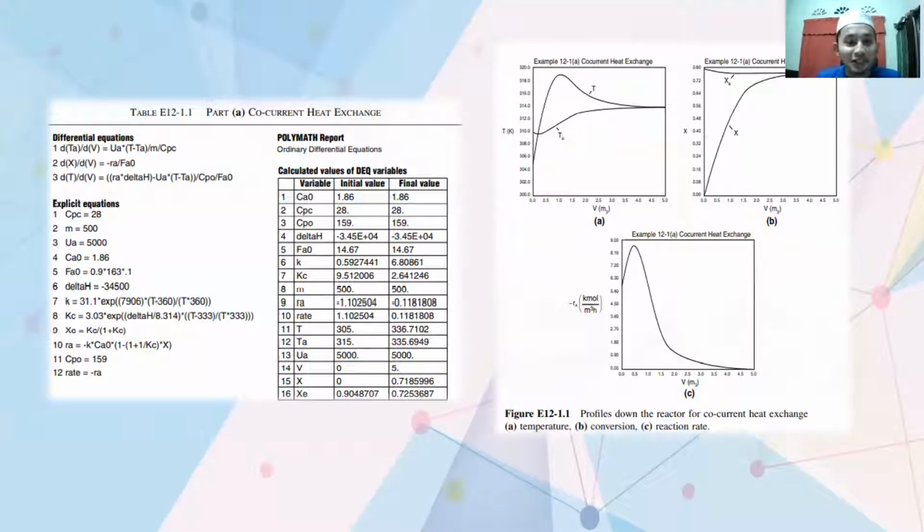So these are the results we are getting from Polymath. First, we are setting up the differential equations in Polymath. We put in all the differential equations that we have calculated before. First, we have the differential equation for TA, second for the conversion X, and third for the temperature. Don't forget to include the parameters given in the equation.